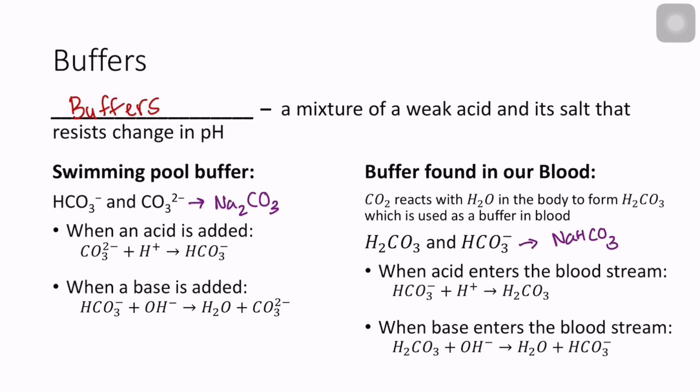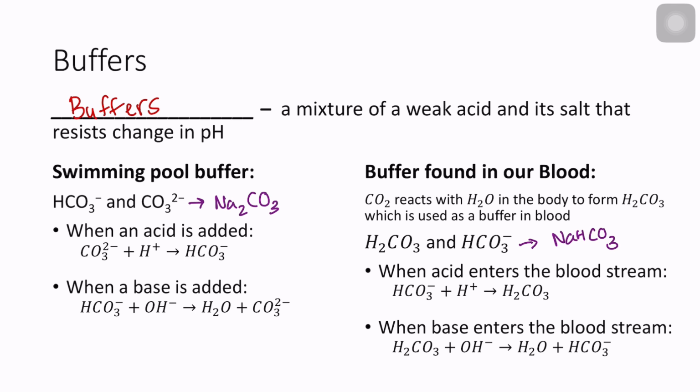The way a buffer works is if you add acid, H plus, if that enters our bloodstream, then it can react with the bicarbonate to form the carbonic acid. If base enters the bloodstream, then it can react with the carbonic acid, and notice it forms the other part of the buffer. And so these different components of the buffer system are going to neutralize any acid or base that is added to the buffer.